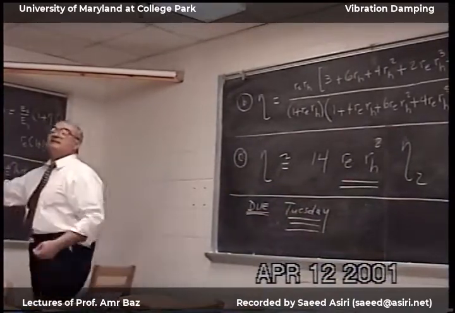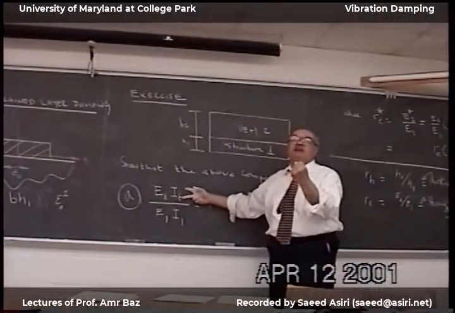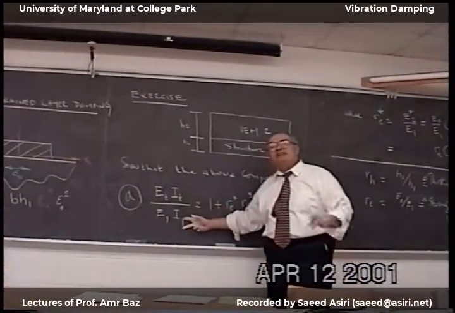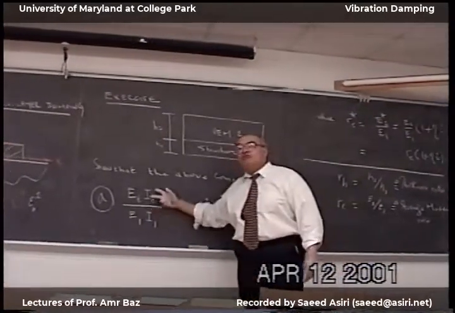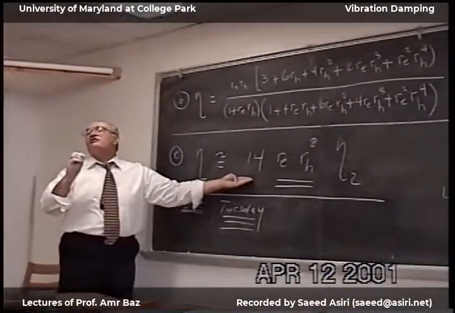So if you look at this, this is the total strain energy of the assembly. This is the strain energy of the structure. From these two, I get this ratio. That's what finite element packages do.